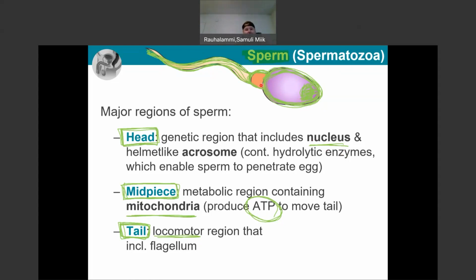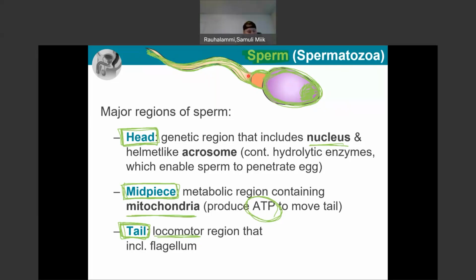The midpiece of the sperm cell plays an important role in terms of housing a lot of mitochondria that help to produce ATP. And this rich ATP supply is very, very important so that the tail can do locomotion, so help the sperm cell to swim along. So that's an important thing for us.